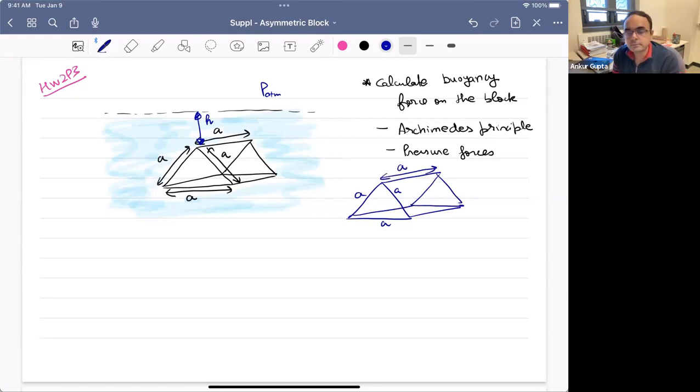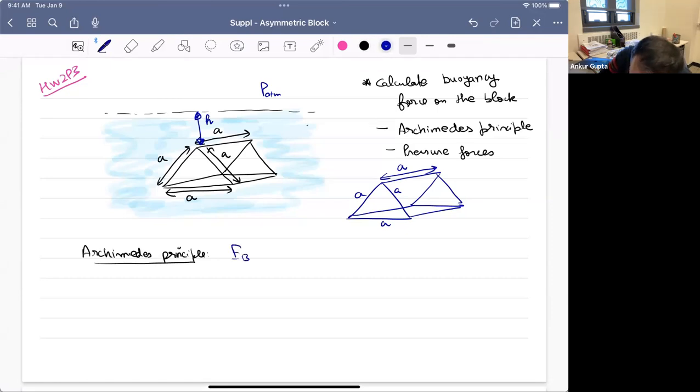What the problem is asking you to calculate is the buoyancy force. As you will do in your homework 2 problem 2, you don't have to do much about using Archimedes' principle. Archimedes' principle simply says buoyancy force F_B is upwards positive.